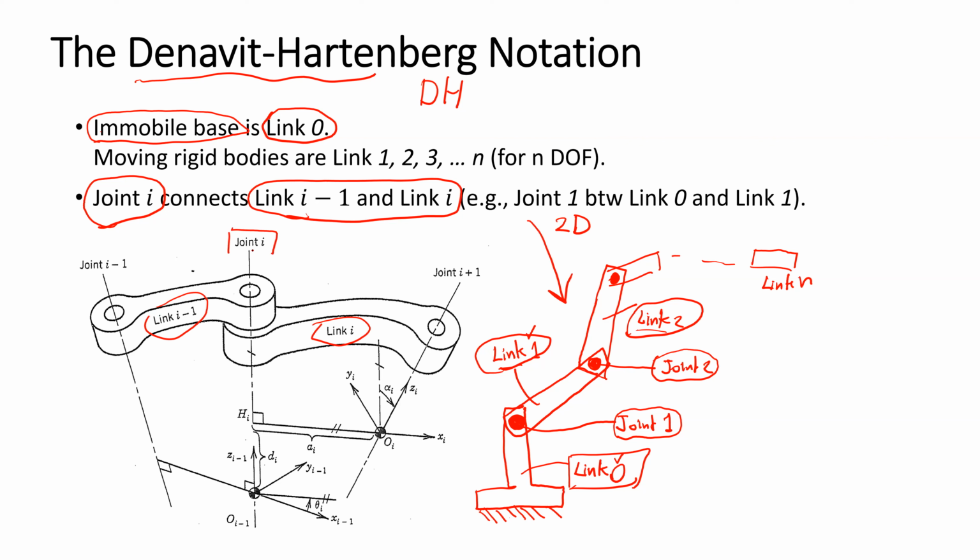Joint I provides the connection between link I-1 and link I. If this is the immobile base, link 0, and this is link 1, of course this is going to be joint 1. If this is link 1 and link 2, the joint is going to be joint 2, which connects the first link and the second link.